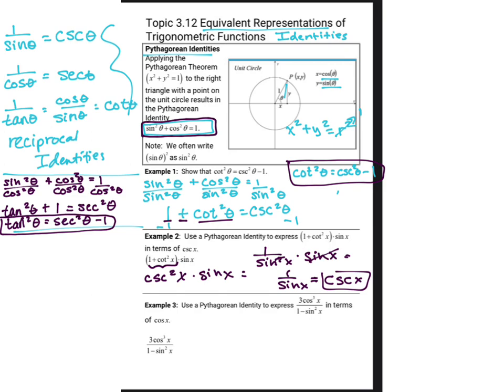So we use this identity to substitute in and then simplify. And now we can say 1 plus cotangent squared x times sine x is cosecant x. We can tell those are the exact same thing.